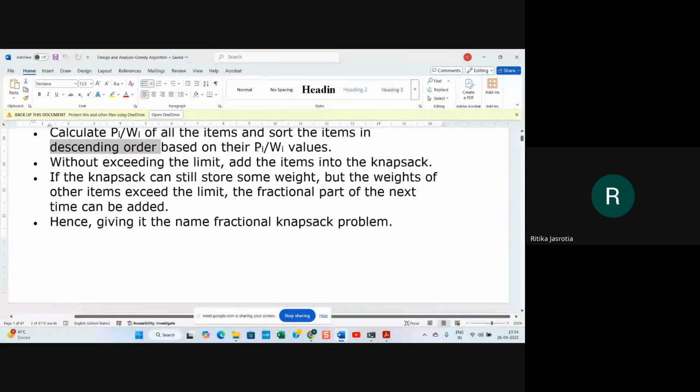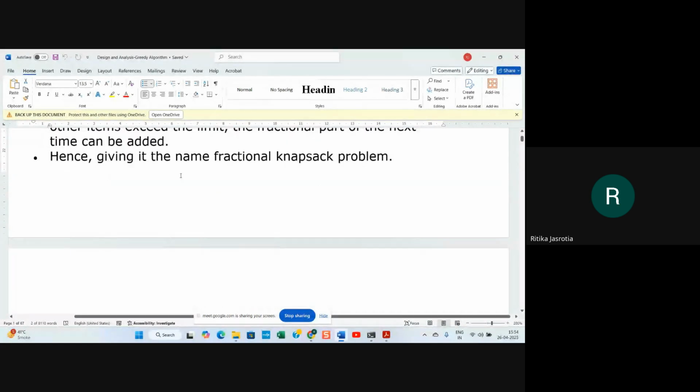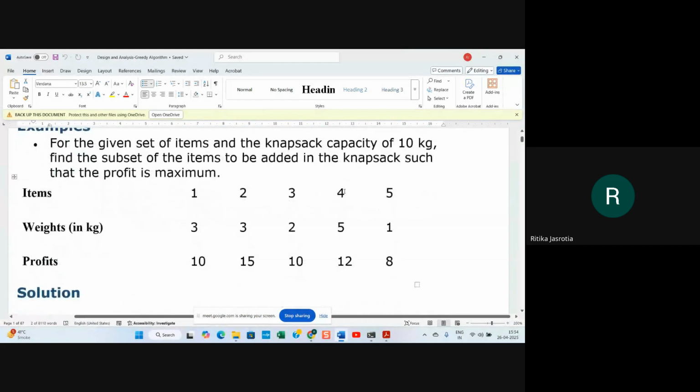Then we take the highest weight which we can put in the knapsack. After that, if some capacity is still there, we find the fraction of the next item and put it in the knapsack. That is what we will do, hence the name fractional knapsack problem.